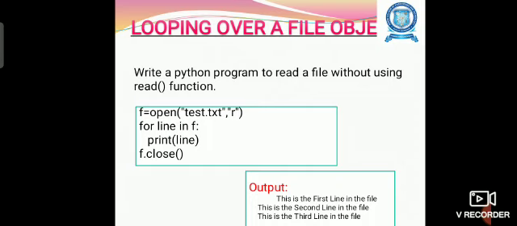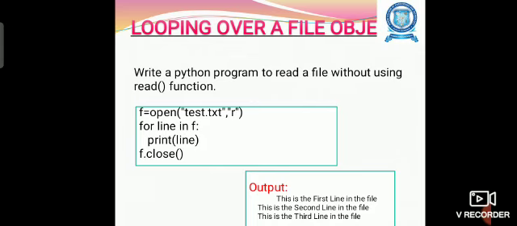So for that, in the source code we have to open the file, then we have to use the for loop. Normally you might have studied the for loop. The common format of the for loop is: for iterating variable in sequence, isn't it?